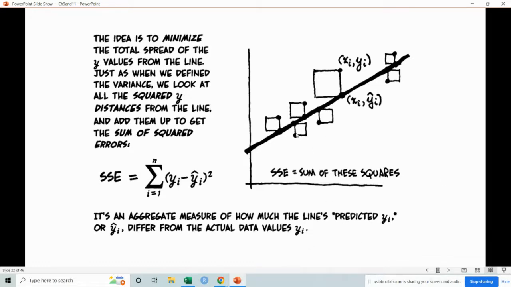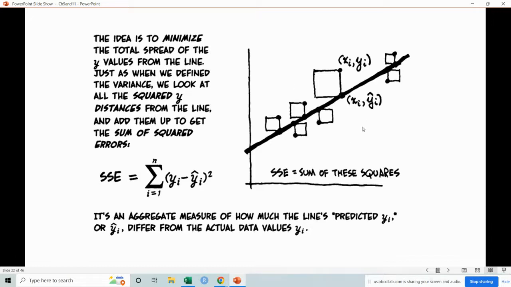So where does that come from? It's the error that we are off from this line, and the goal is to make that error as small as possible. For all of these points, we know how far away we are from the line we've drawn, and the goal of regression in general is to minimize the error in our model.